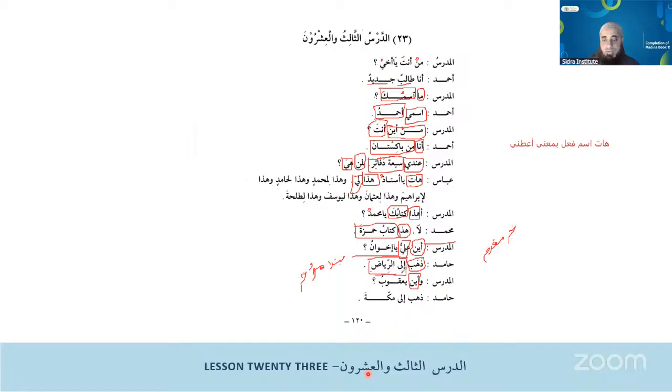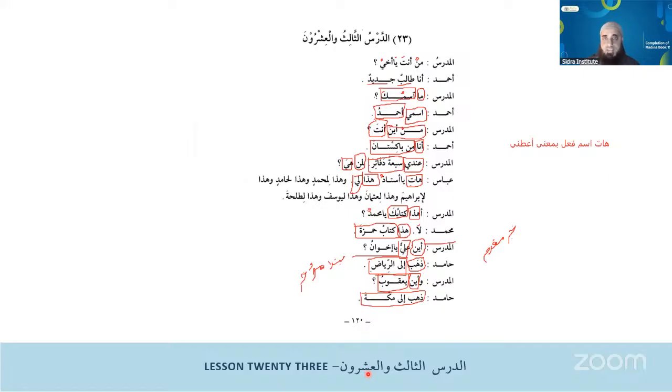That leaves Yaqub to be mubtada muakhar, and Aina to be khabar muqaddam. ذهب إلى مكة, that is the same tarkeeb as ذهب إلى الرياض. So you've got fa'il, ذهب, the fa'il inside, which is huwa, and ila Makkata is a prepositional phrase which is connected to the verb ذهب.